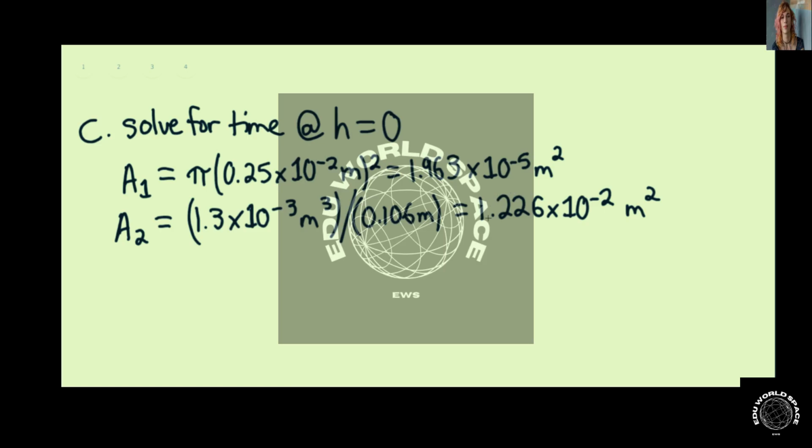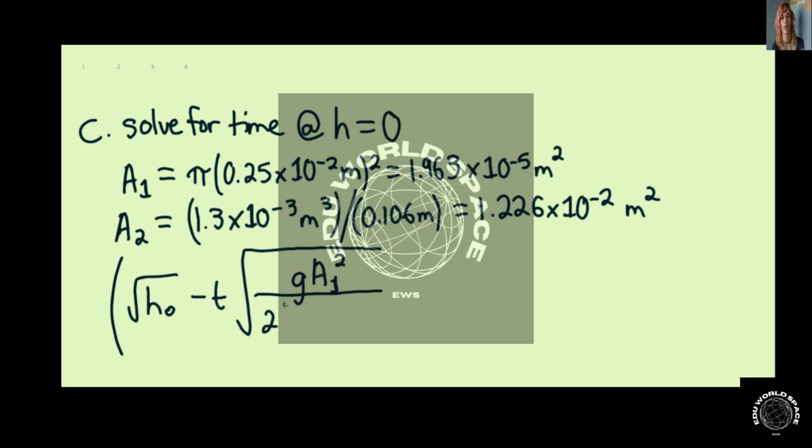And so we're going to set radical h naught minus t times the square root of g a sub 1 squared divided by 2 times a sub 2 squared, rather, my apologies, minus a sub 1 squared.